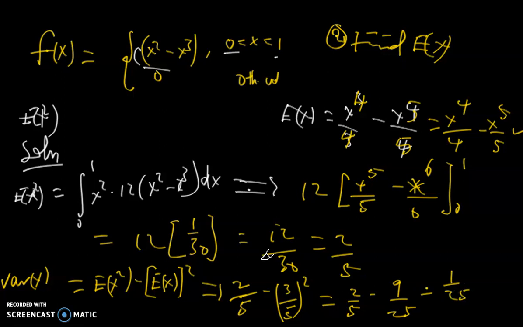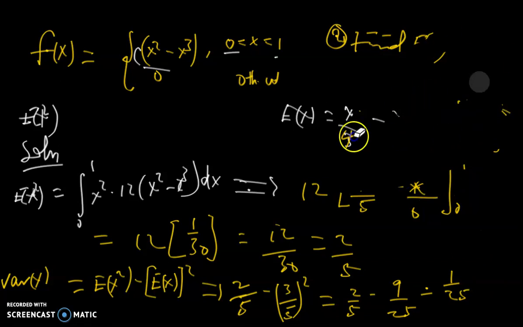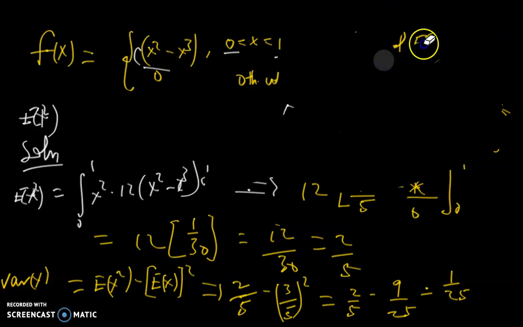So now we need to find the standard deviation. The standard deviation, as we know, is simply the square root of the variance.